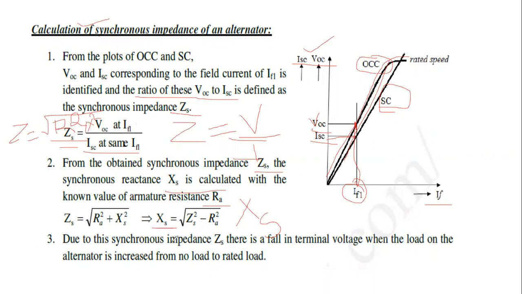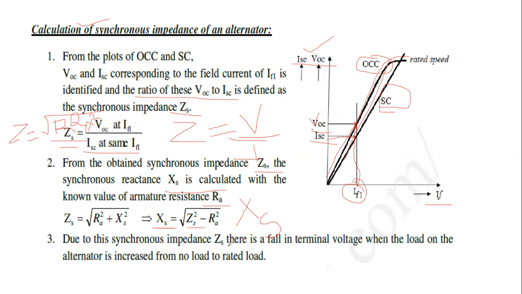Due to this synchronous reactance ZS, there is a fall in the terminal voltage when the load on the alternator increases from no load to full load.